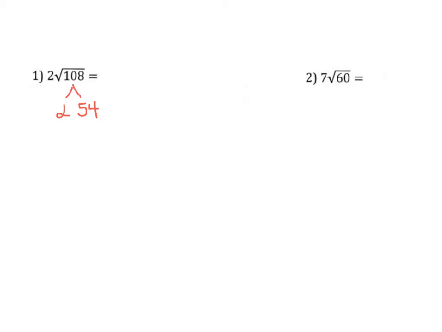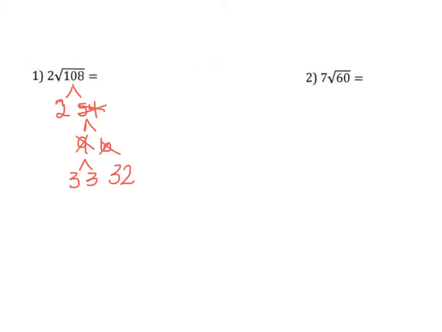You don't have to start with 2 and 54, but that's the choices you have here. Now we're going to use 54 as 9 times 6, and 9, cross the 54 out, 9 is 3 times 3, and 6 is 3 times 2.